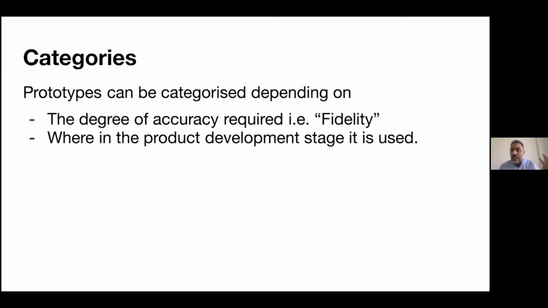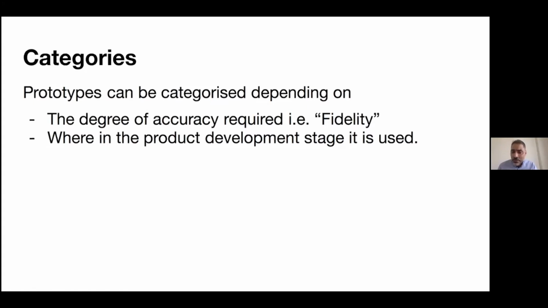That could be a strap of leather that I put on my hand with something made out of cardboard. Okay, so that's the low fidelity. The high fidelity is when I incorporate all the other mechanisms and even the textures that I want.